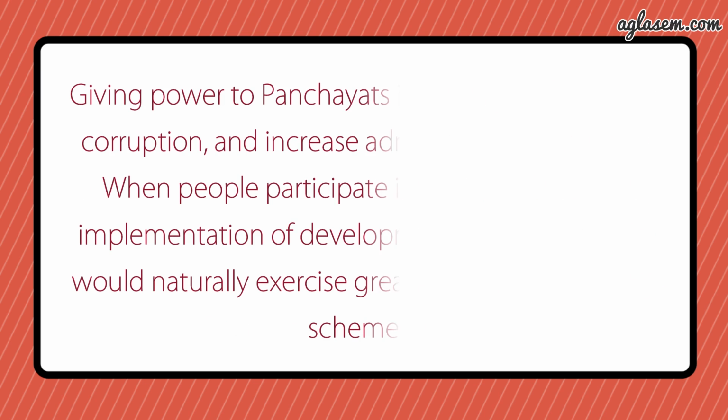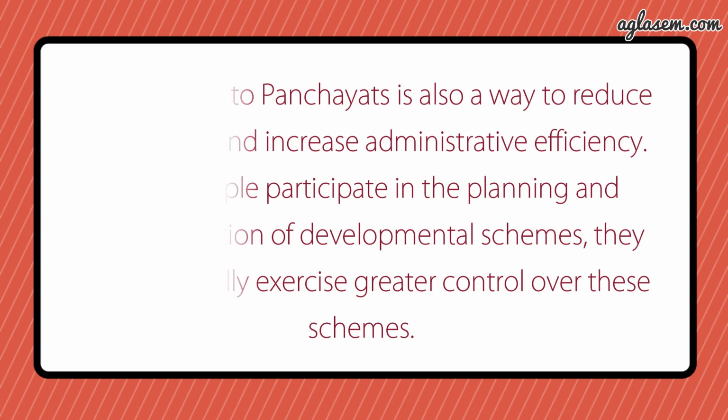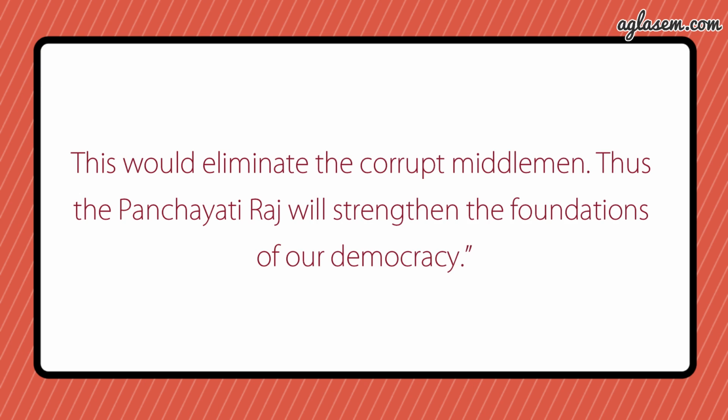Giving power to panchayats is also a way to reduce corruption and increase administrative efficiency. When people participate in the planning and implementation of developmental schemes, they would naturally exercise greater control over these schemes. This would eliminate the corrupt middleman. Thus, the Panchayati Raj will strengthen the foundation of our democracy.